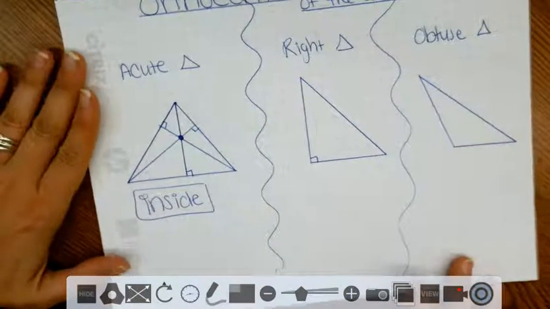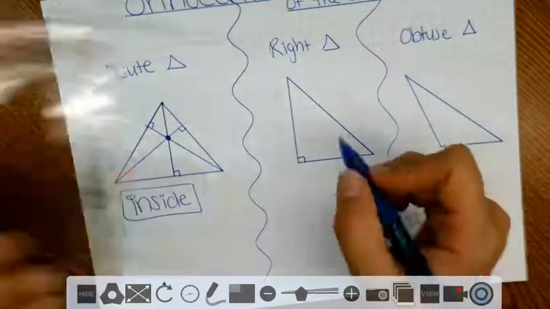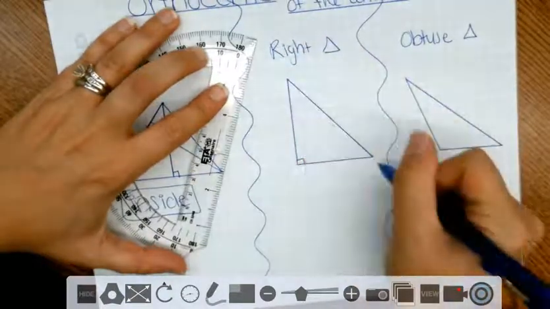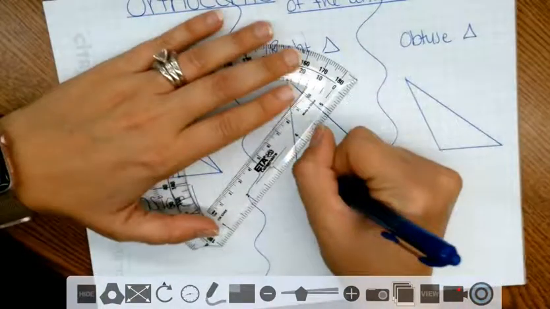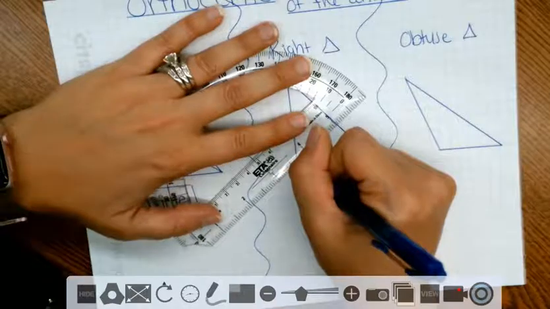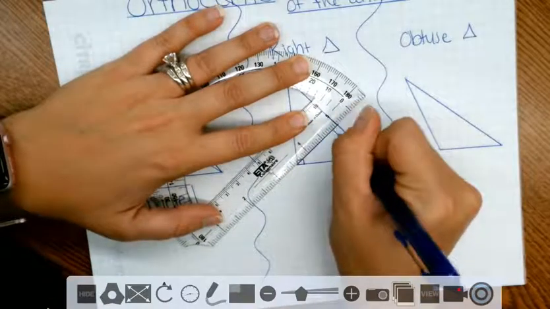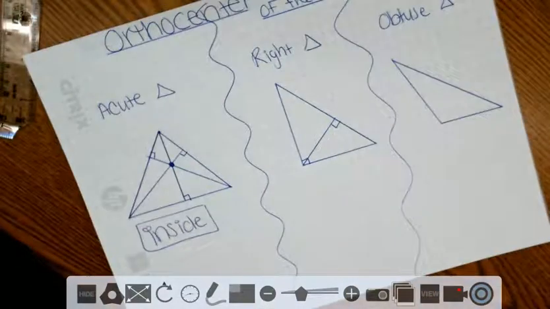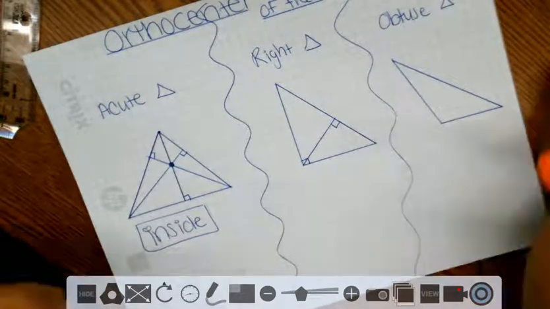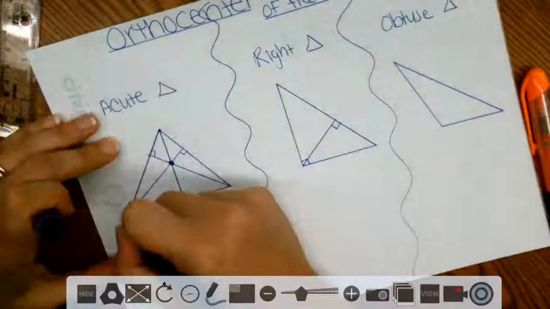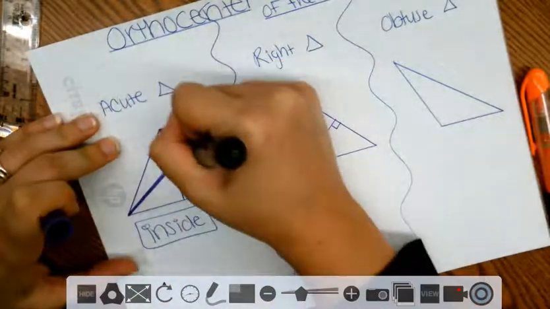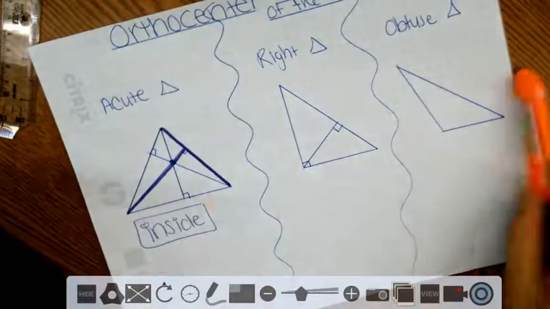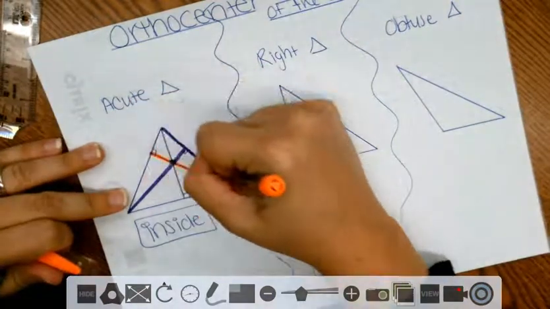Okay, let's look at the right triangle. Let's drop our heights. Well, one height is already there. This height's already there, so I just need the third height. And here's our third height, right? So if I want to color code this so you can see what I'm talking about. So this height right here goes to this base. This height is perpendicular to this base.